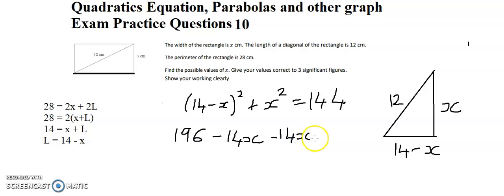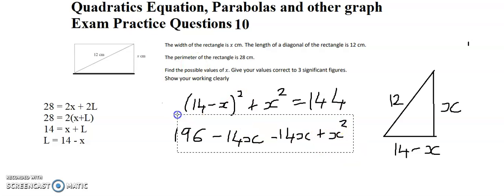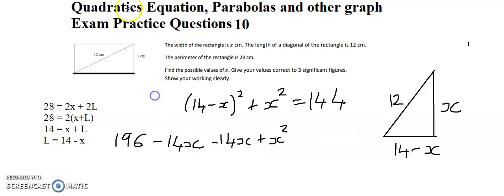And negative x times negative x, which is positive x squared. I've also got plus x squared, and I'm going to get the 144 onto this side, so I'll take 144 from both sides and it all equals 0.